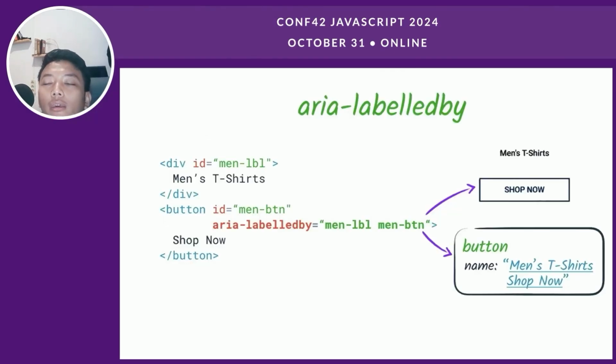Another thing about ARIA: if we use aria-labelledby, it may combine two different elements, different components, into one. So the screen reader will tell the user the combined text, for example, men's t-shirt and then shop now.